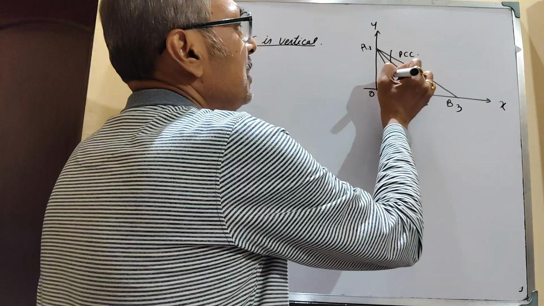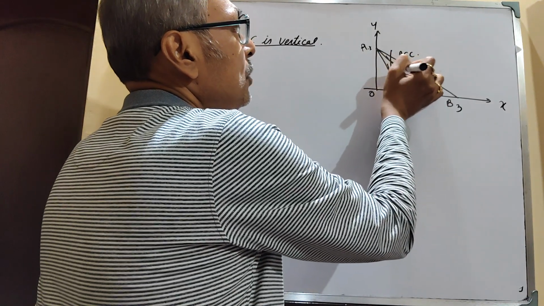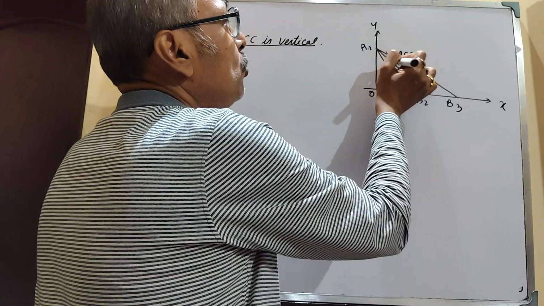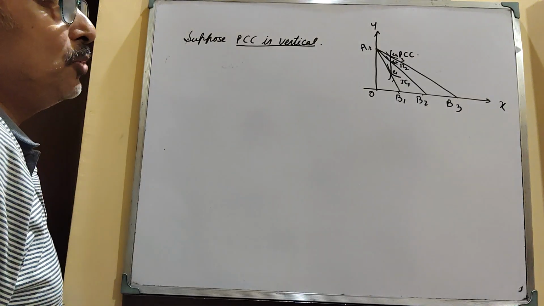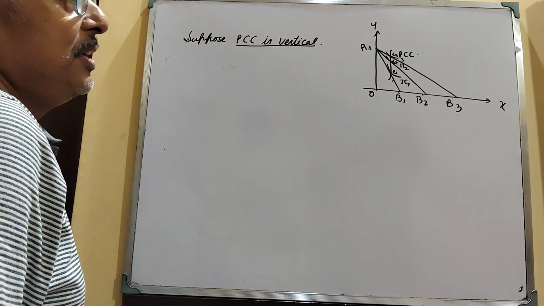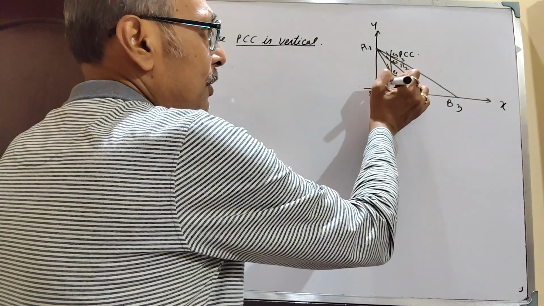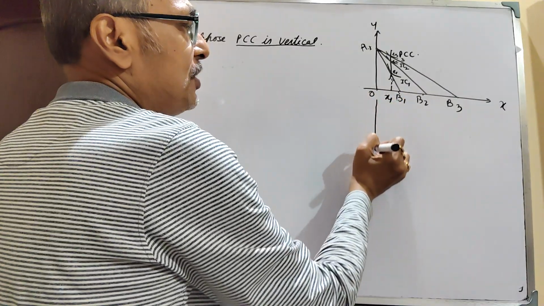And I am drawing now indifference curves. This is IC1, this is IC2, this is IC3, and this is E3, E2, E1. The locus of equilibrium commodity bundles, that is the locus of E1, E2, E3, is the PCC, and the PCC is vertical. Therefore, this is x1 and x1 will not change.